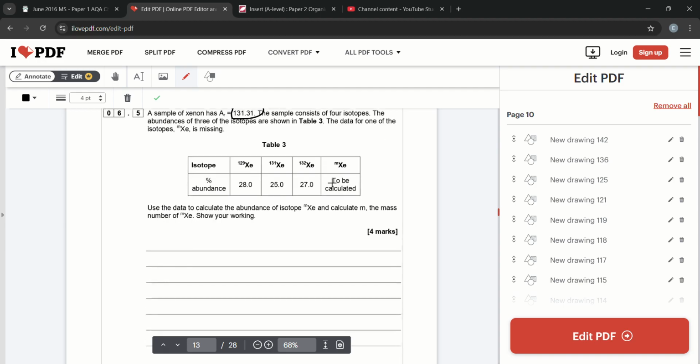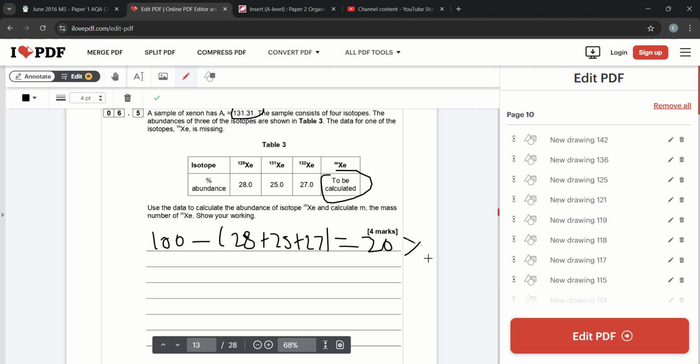In order to calculate this percentage abundance, we're just going to do 100, because the total must add up to 100, minus 28 plus 25 plus 27, which would give me 20.